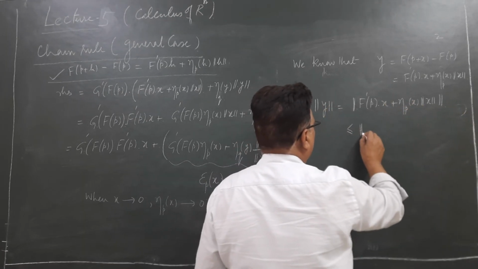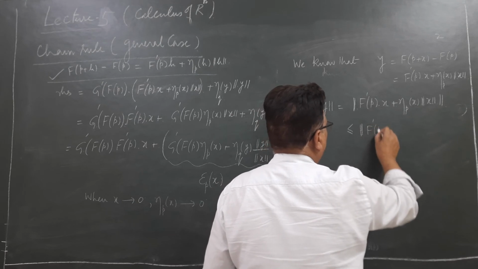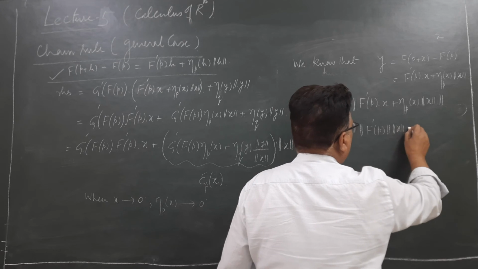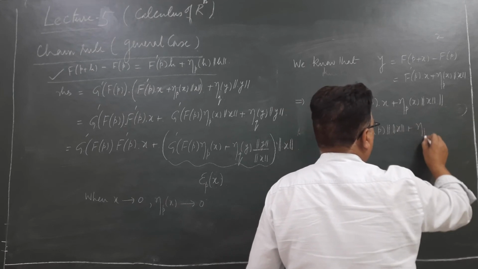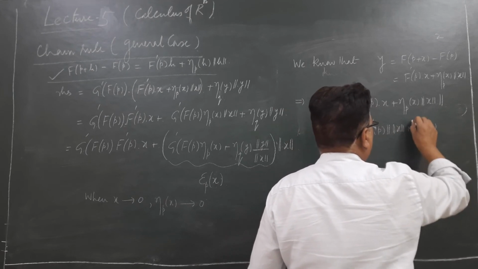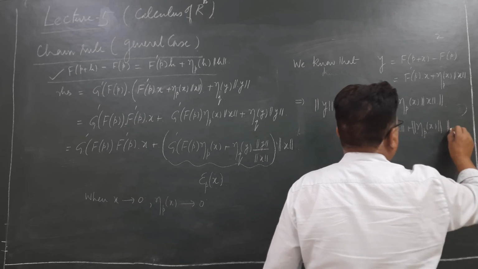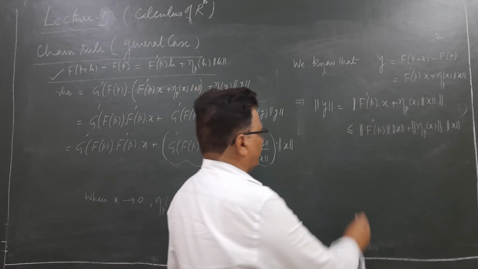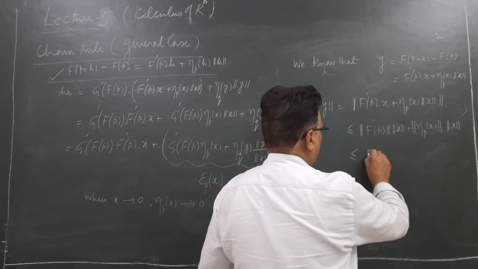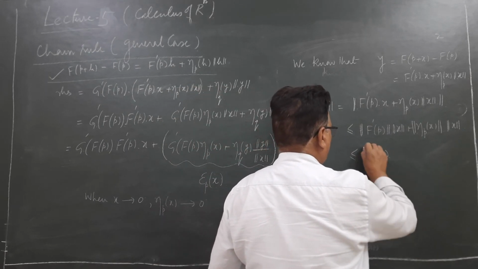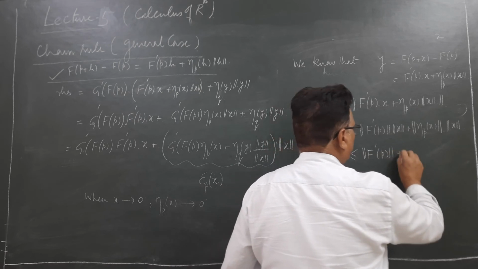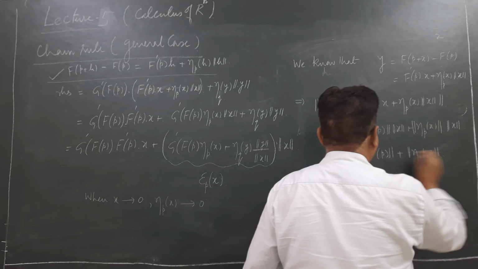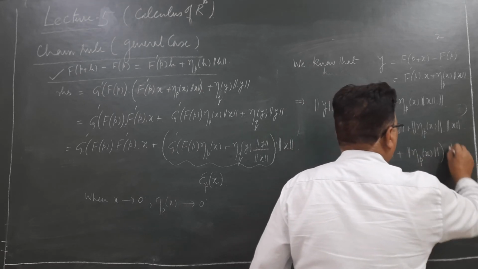So, it will be less or equal to norm of f dash p into norm of x plus norm of eta p x into norm of x. Now, I can take the norm common from here. So, it will become norm of f dash p plus norm of eta p x, into norm of x.